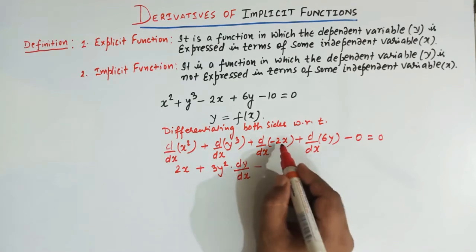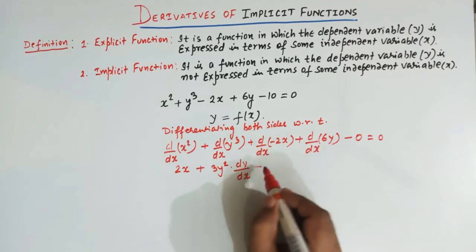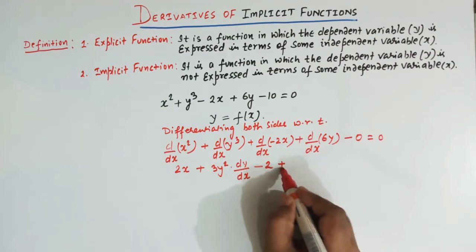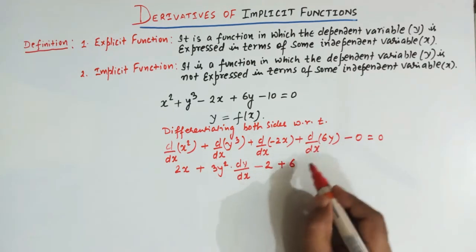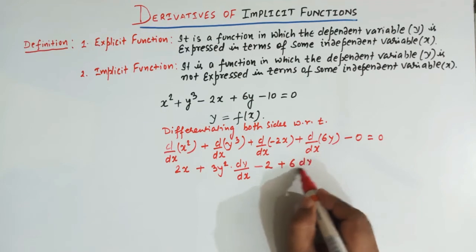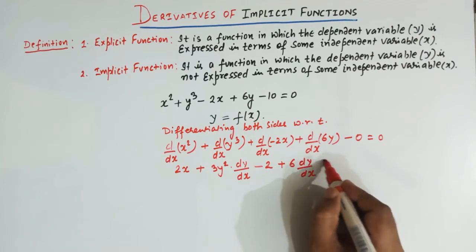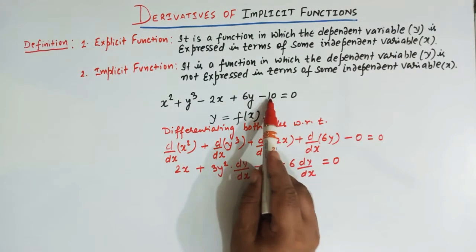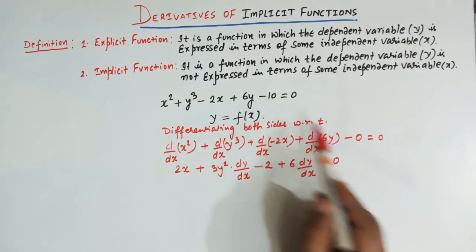And here the derivative of x is 1, so we have simply minus 2, and then here we have 6 dy over dx, and this is equal to 0, right? The derivative of 10 is 0 because it is a constant.